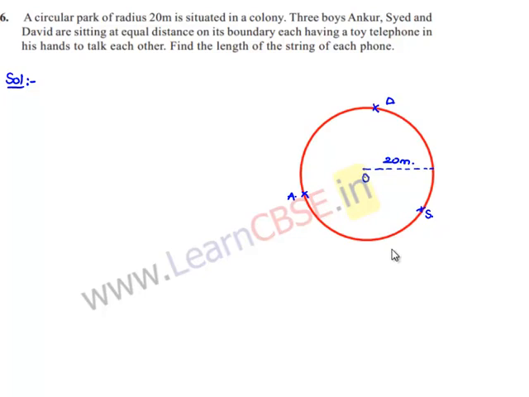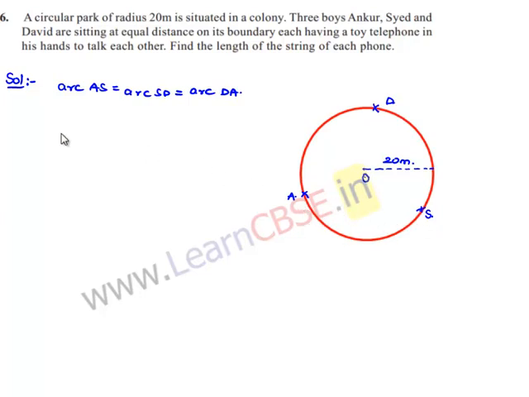We know that as they are standing at equal distance on the boundary, we can say that arc AS is equal to arc SD is equal to arc DA. Since they are standing at equal distance and the string is attached between the telephones, it will be of equal arc length.